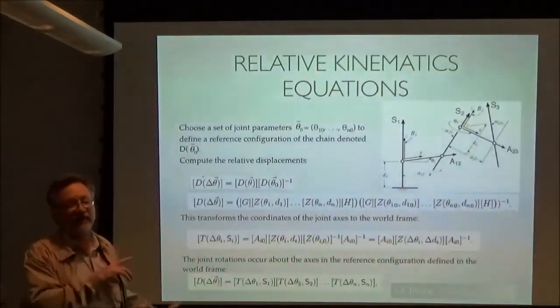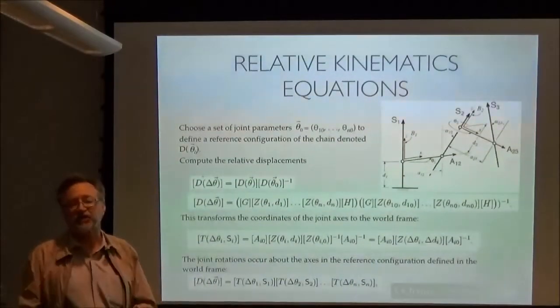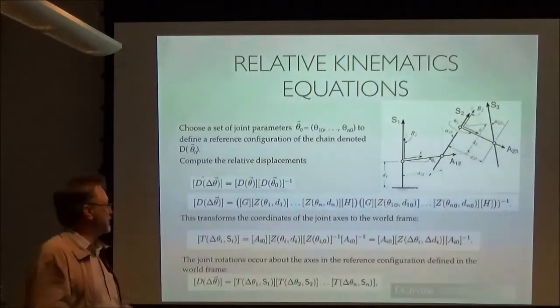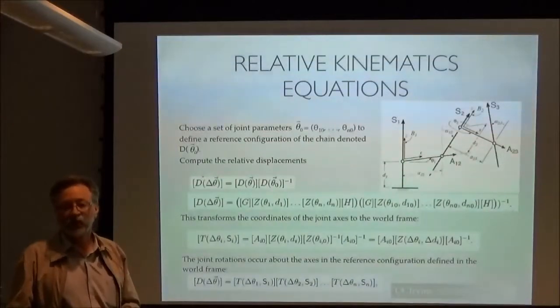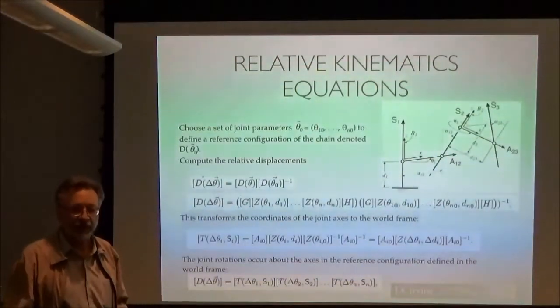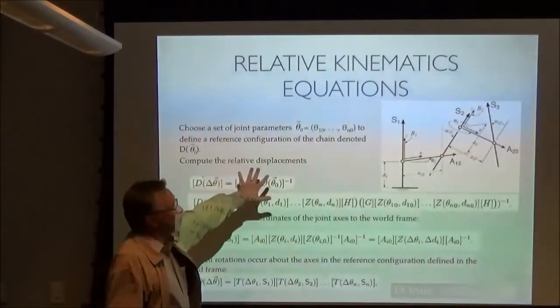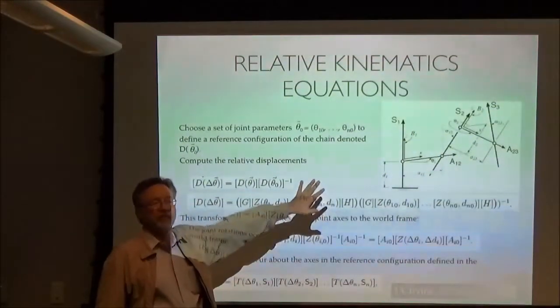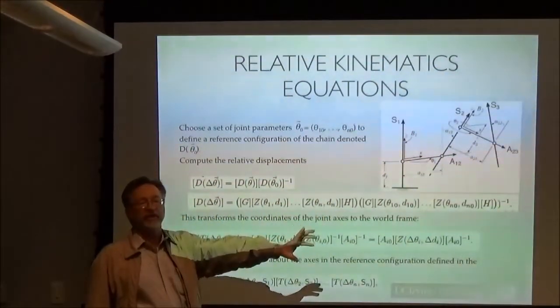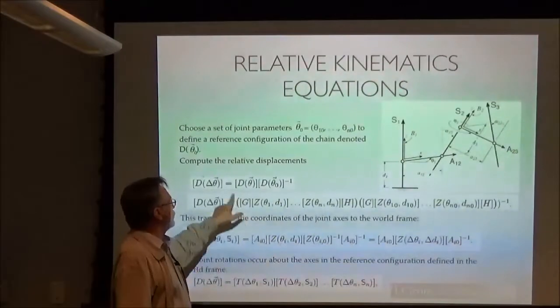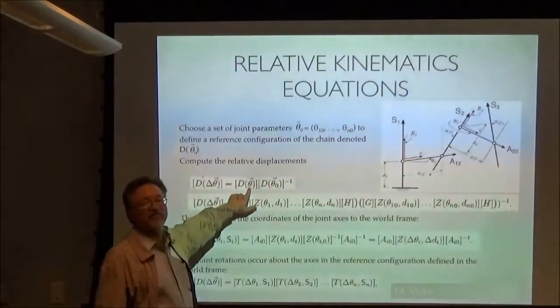Now, how you get from the Denavit-Hartenberg equations to product of exponentials and dual quaternions is a very simple trick. You choose a reference position, a reference configuration of the arm, and then you calculate relative movements.